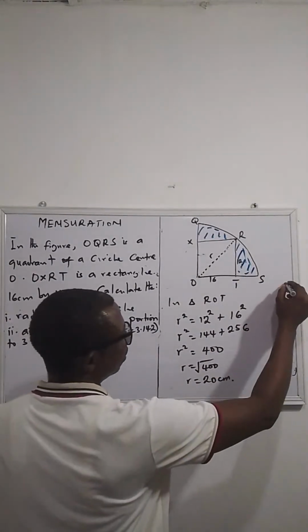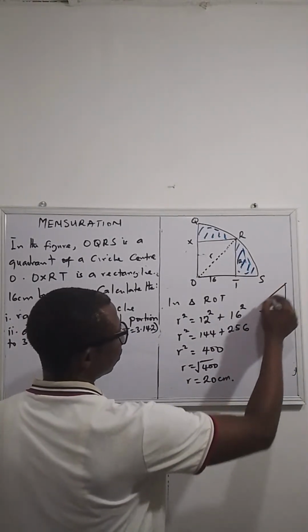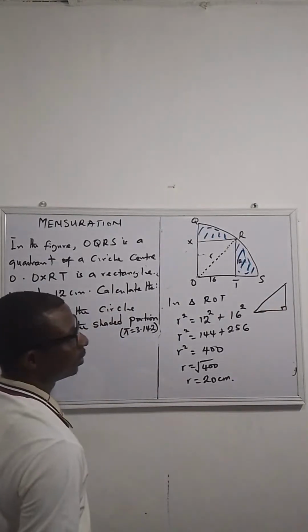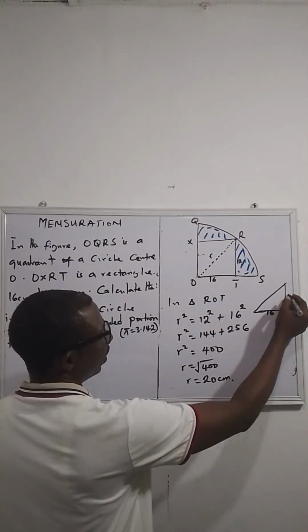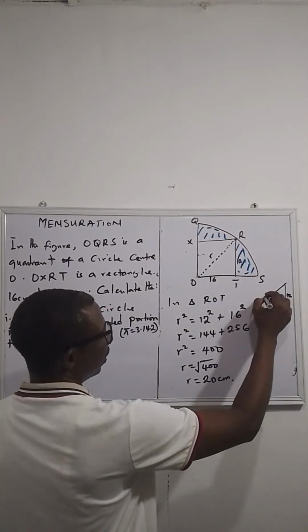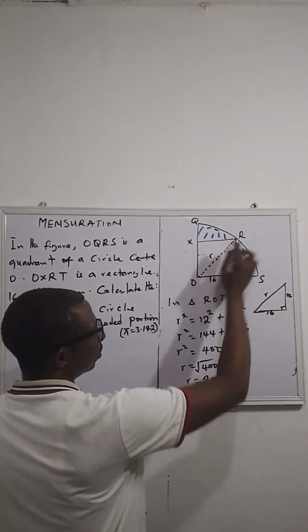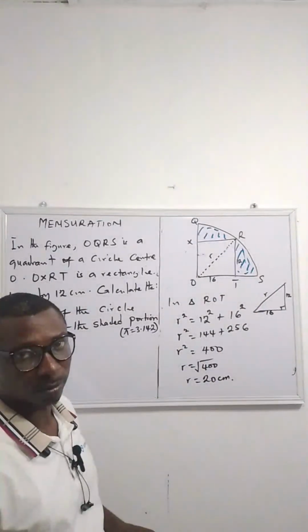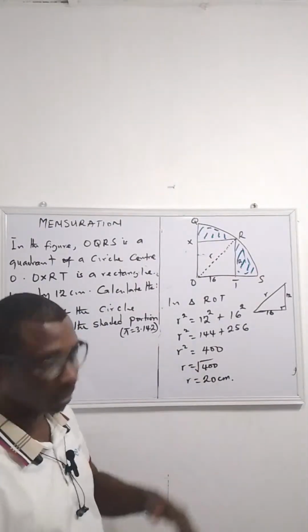Now it looks like this. Okay, you know this is a right angle now. So we have 16 and we have, don't forget, this is the radius. Use Pythagoras theorem to get the radius. That is what we just did here. So that's how we got the radius. So radius R is 20 centimeter.